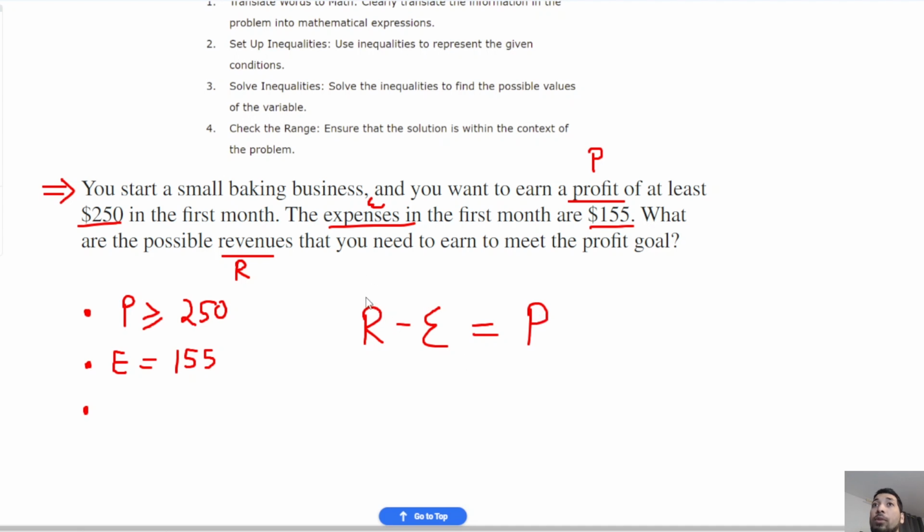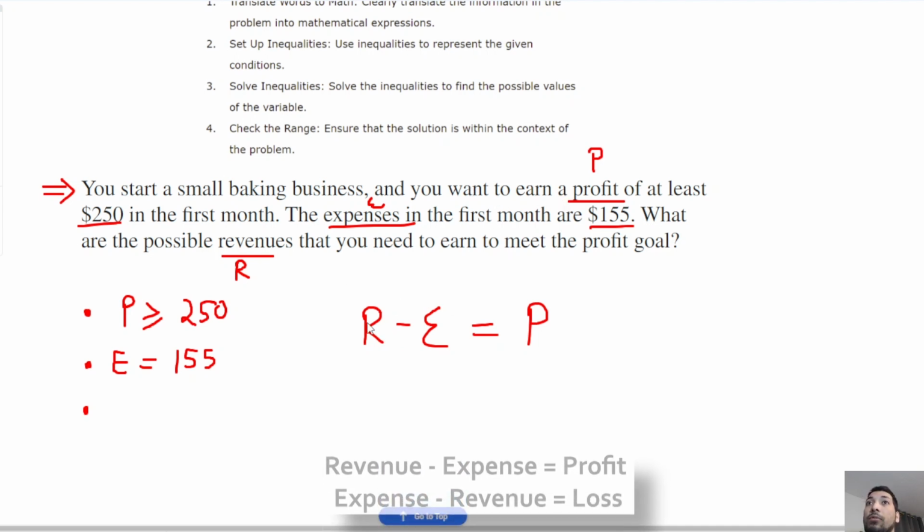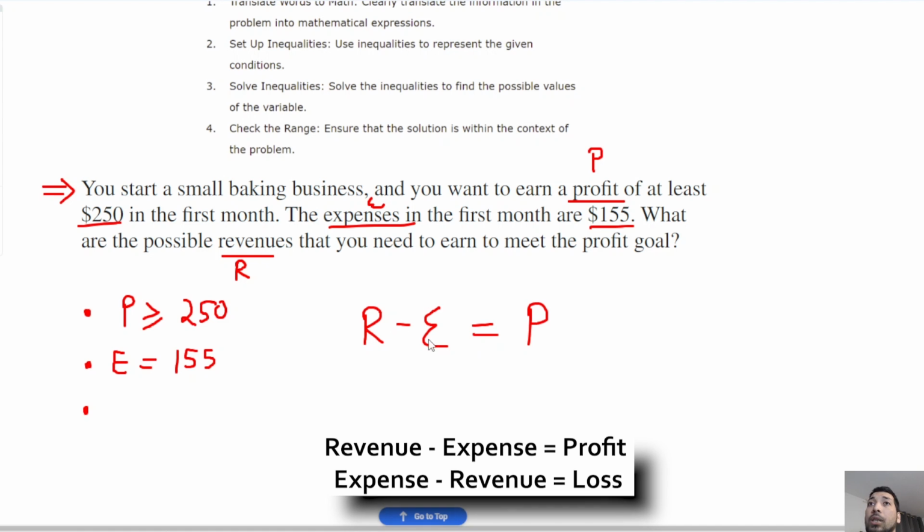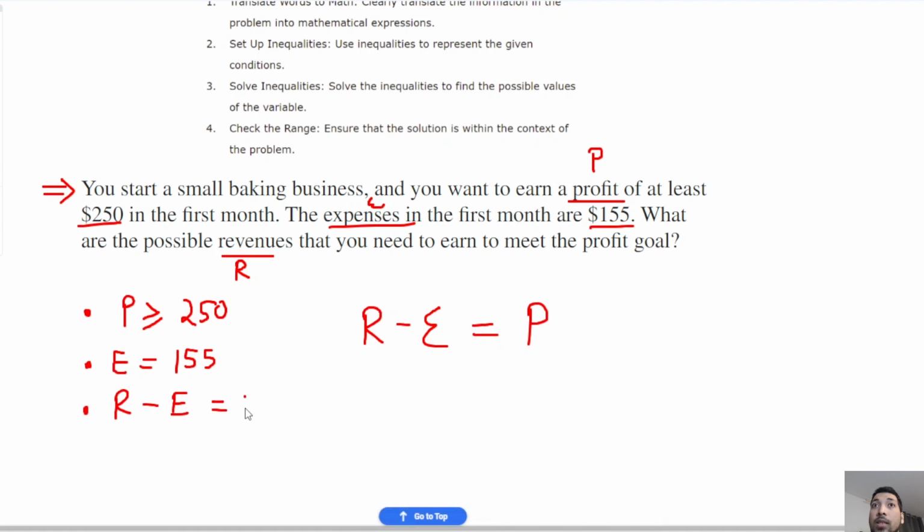If the revenue is less than the expenditure, then you have a loss. Here we want to earn a profit, so we have revenue greater than expenditure. So R minus E is equal to profit. This is my third relationship.